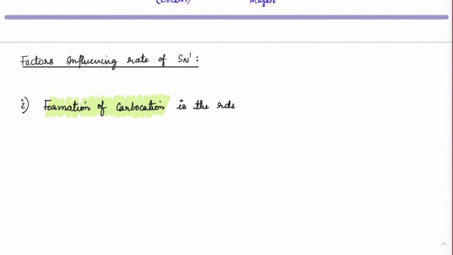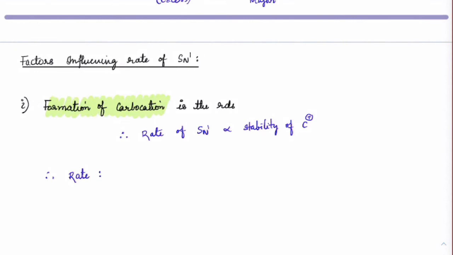If carbocation formation is better, or rather more stable, the rate would be more. So formation of carbocation is the RDS. Therefore I can say the rate of SN1 is directly related to the stability of carbocation.